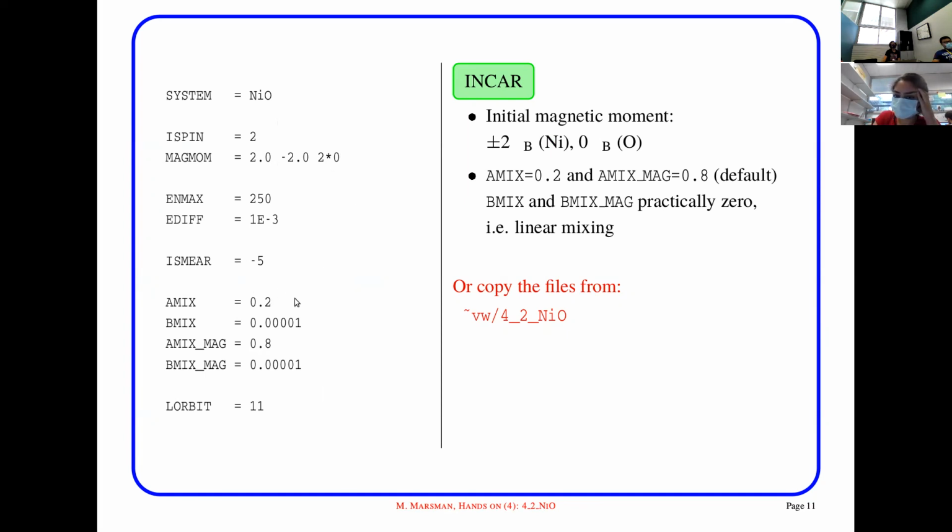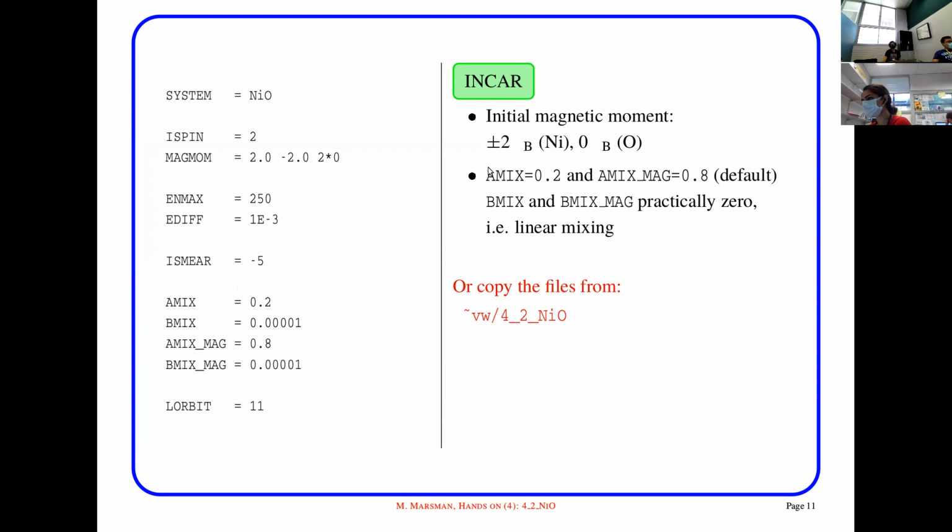These parameters simply do some linear mixing in the initial guess on the magnetic moment so that you get to convergence faster. Having these values or not doesn't change the accuracy of your calculation, but it does change the speed of convergence. If you don't have them, it can take a lot of time and maybe also fail to converge. But if you play with these parameters, you will go faster to the last stage.